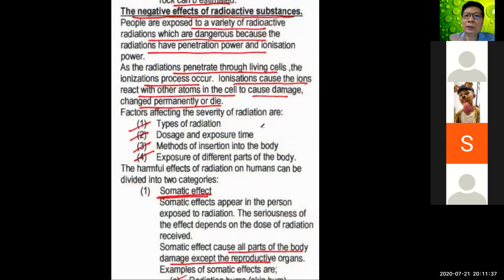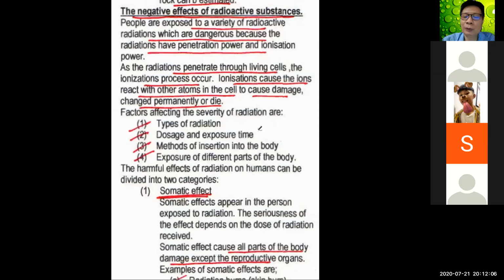Factors affecting the severity of radiation. How serious it is when you are exposed to radiation depends on four things. Types of radiation: number one, which type are you exposed to, alpha, beta, or gamma? Second, dosage and exposure time. If you are exposed to a high dosage it is more dangerous.